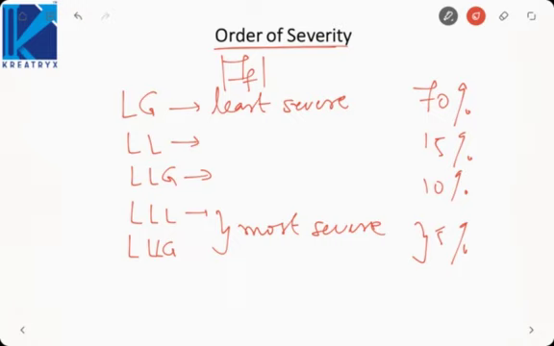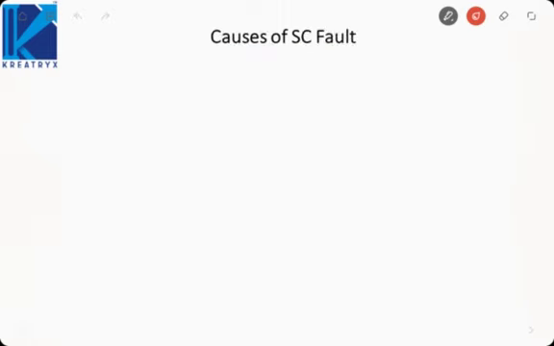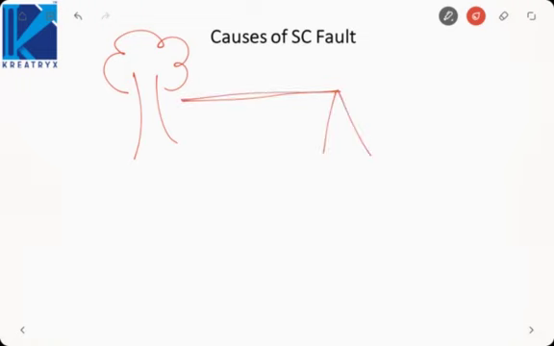Now one thing that must be striking in your mind is, how does a fault occur in a power system? What can be the possible cause of a fault? Now suppose there is a tree, and there is a transmission line that is going from a tower. Now what happens if a tree branch falls on the transmission line?